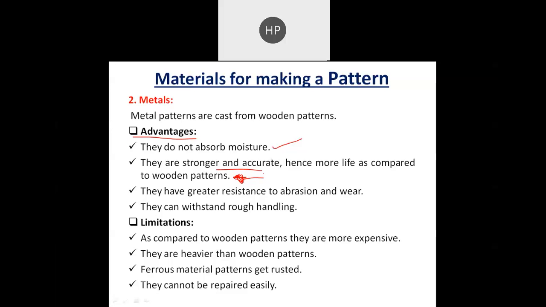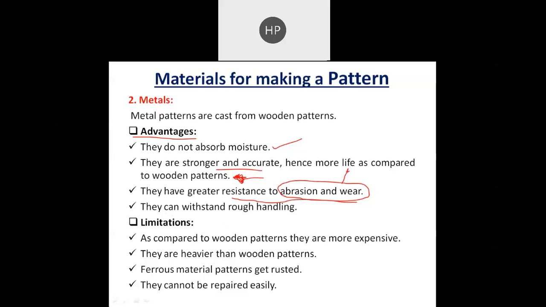Because of its hardness, it is not going to wear out easily, so its shape will remain as it is after a long period of time. It has a very long life as compared to wooden patterns. They have greater resistance to abrasion and wear. As we discussed, wooden patterns wear out easily in sand casting, while here they have a greater resistance to abrasion and wear, and that is the reason they have a long life.